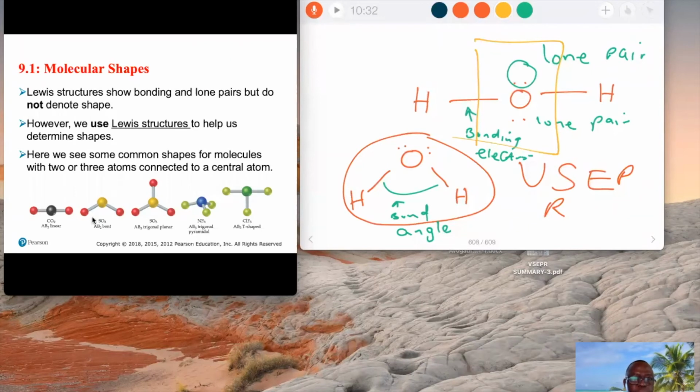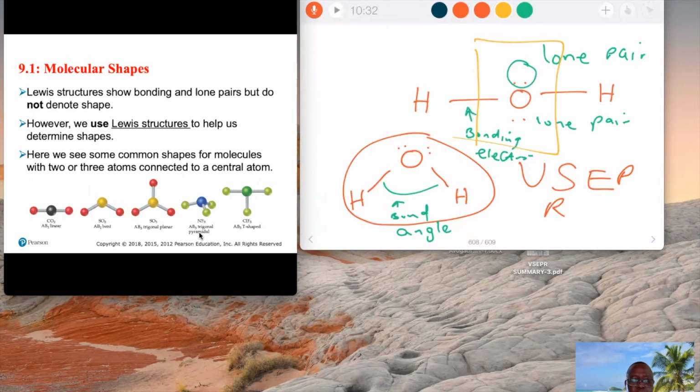The examples given here are just samples of molecular geometries: carbon dioxide, sulfur dioxide, sulfur trioxide.